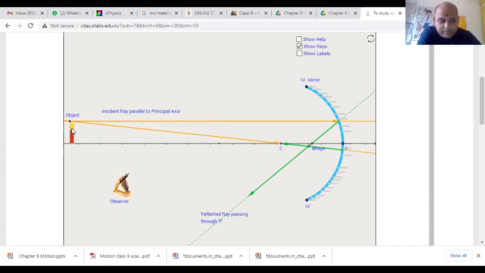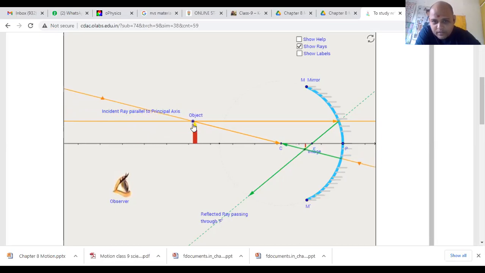So now we will bring the object close to C. Look at this one. As I bring it closer, what happens? Look at the size of the image also. I'm finding it a bit difficult, I'm really sorry, because with one hand it gets really tricky. See, as it is getting closer to C, look at the size of the image.